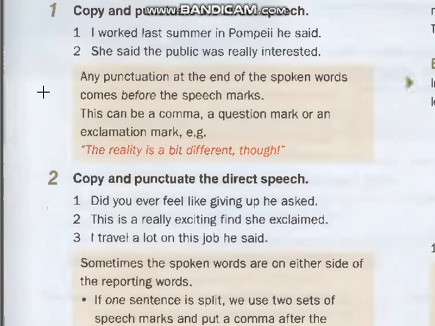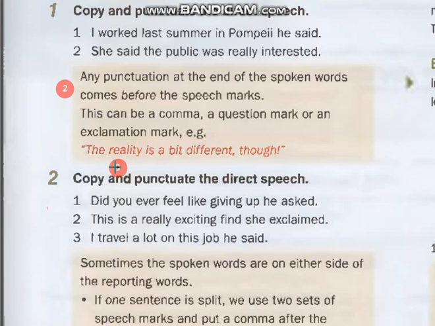The second idea, number 2, is any punctuation at the end of the spoken words comes before the speech marks. Any punctuation mark after the spoken words we have to add inside the speech marks. We don't put them outside the speech marks, no, we put them inside.